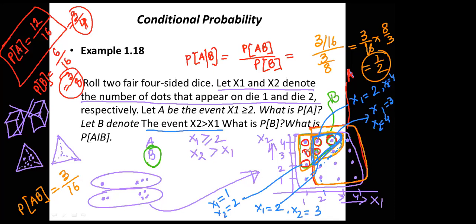If you calculate this one and this one also, you will see that the value of x2 is more than x1, because this is the line of equal value. So above this line, x2 is more than x1. Below this, in these cases, x1 is more than x2. Is it clear? Yes.